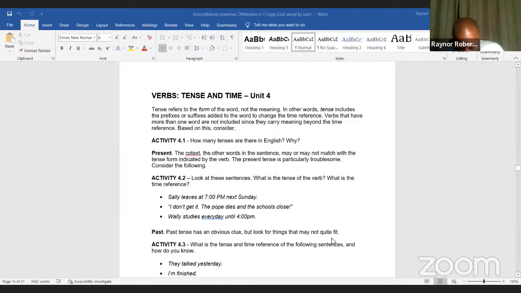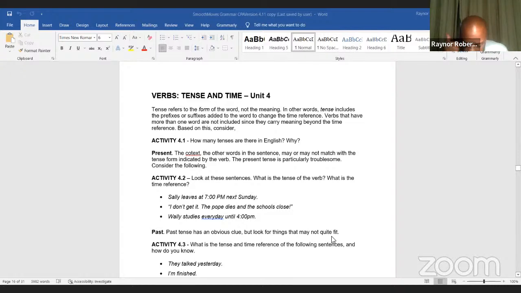Then you have the future continuous, the future perfect tense, and then the future perfect continuous.